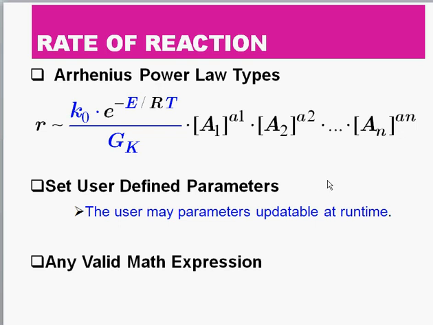And then the user has the possibility of supplying his own user parameters or updating or changing the parameters at runtime. In any of these cases, the parameters or the formula itself could be any valid math expression that the user may think about.